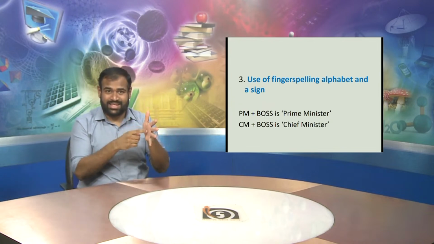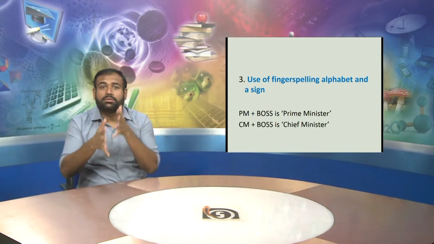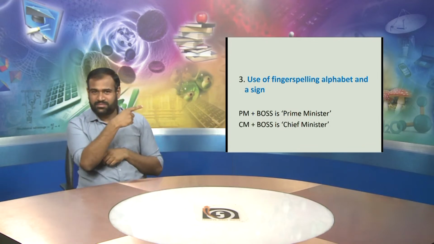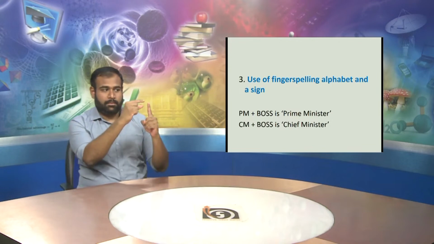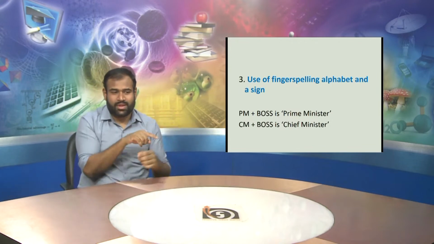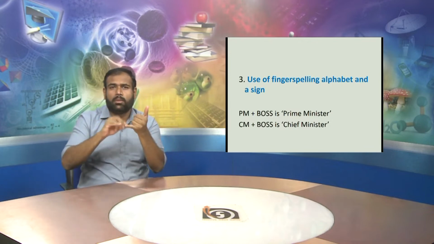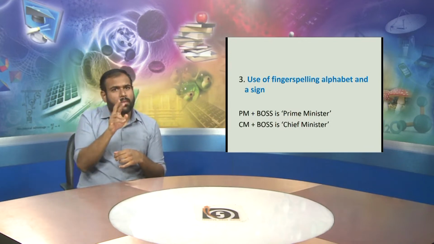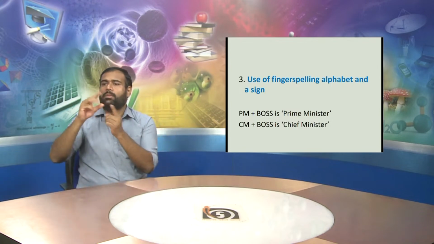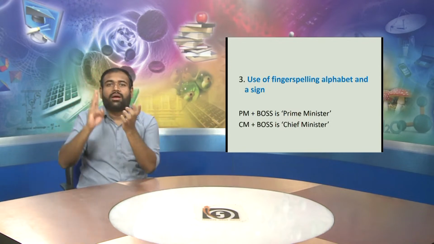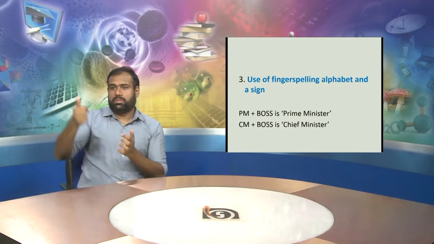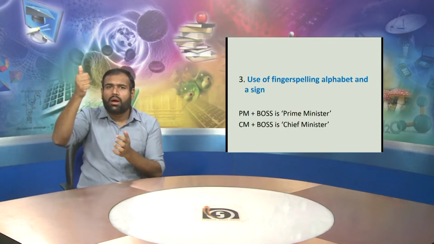Now you can see the third example. In this, use of finger spelling alphabet and a sign. Now you can see the screen. You must be watching. PM is the alphabet plus boss. So this is the sign of Prime Minister. So for Prime Minister of India, we will be signing PM and this thumbs up sign.